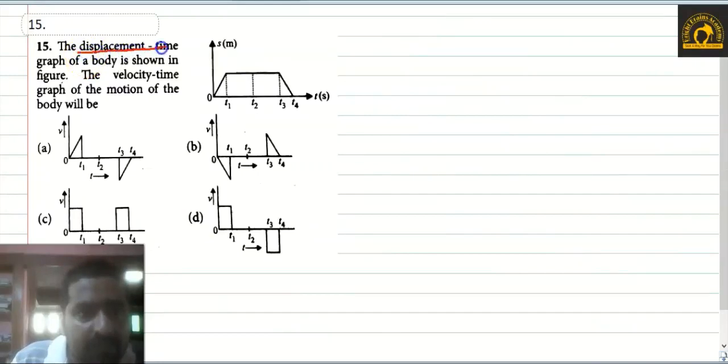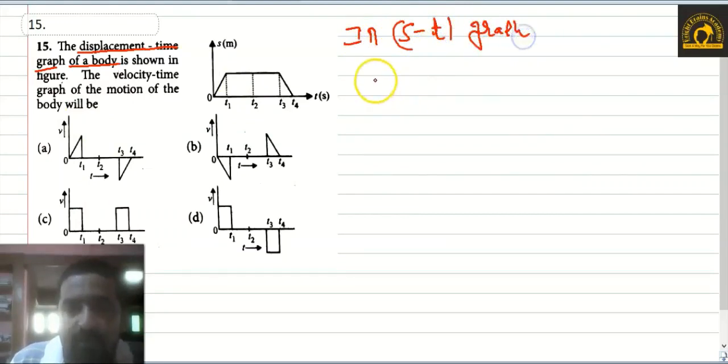The displacement time graph of a body is shown in the figure. What is the velocity time graph? So let's see in the ST graph. In the displacement time graph, how to find out the velocity?